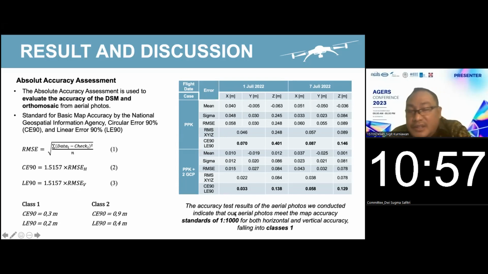The accuracy test result indicated that our aerial photos meet the map accuracy standard of scale 1/1000 for both horizontal and vertical accuracy, falling into class 1. We can see here class 1.